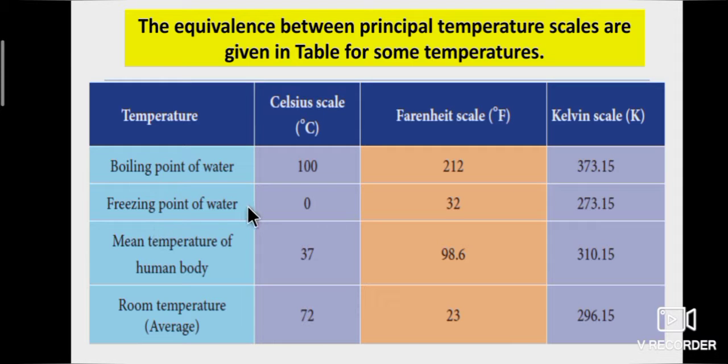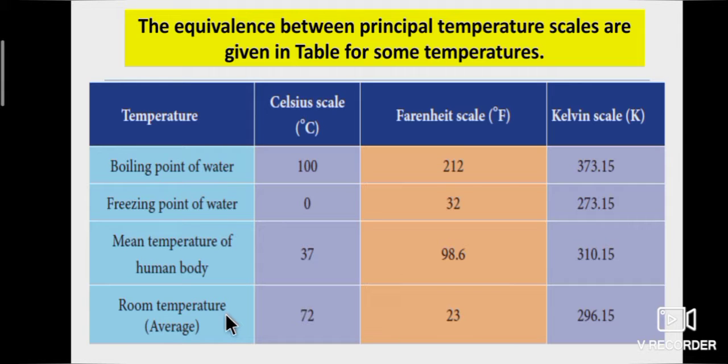Freezing point of water: 0 degrees Celsius, 32 degrees Fahrenheit, 273.15 Kelvin. Mean temperature of human body: 37 degrees Celsius, 98.6 degrees Fahrenheit, 310.15 Kelvin.